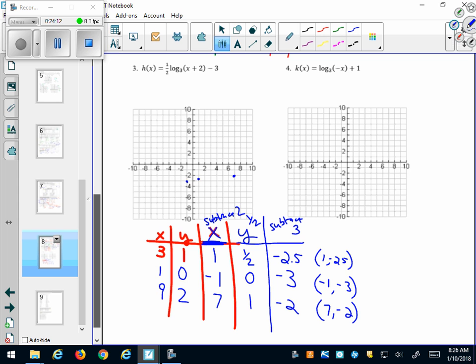So where our asymptote used to be at x equals 0, now our asymptote is going to be at x equals -2. Right? Because the parent function has the asymptote at x equals 0. So if you're moving it to the left 2, that's going to move your asymptote to the left 2.